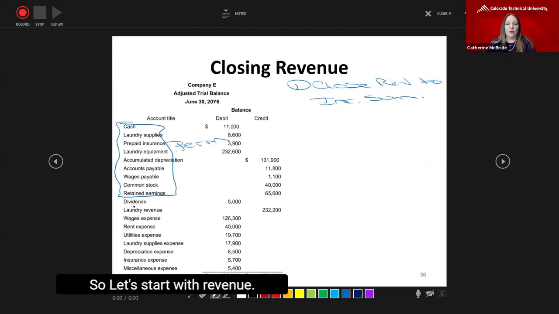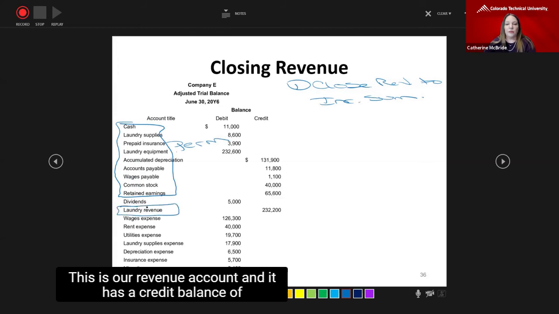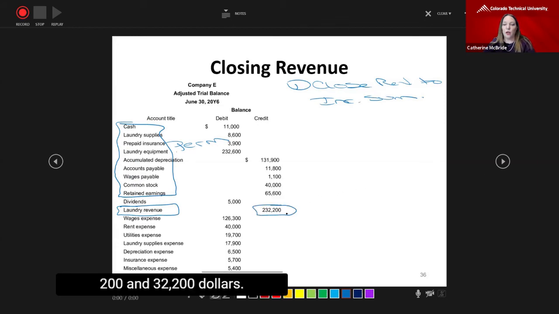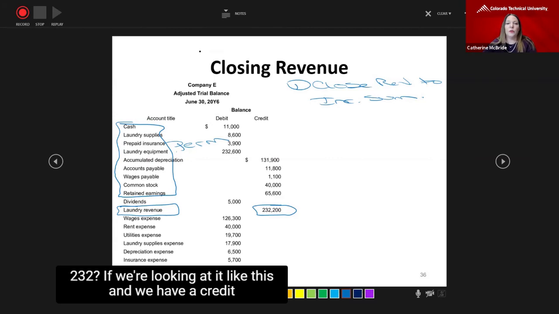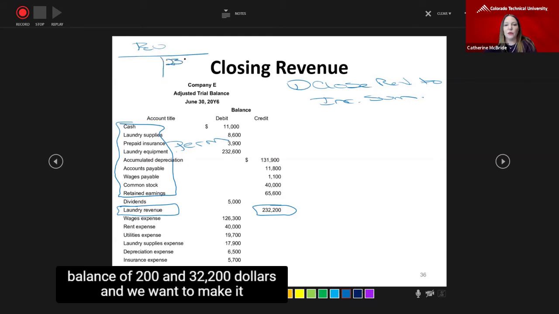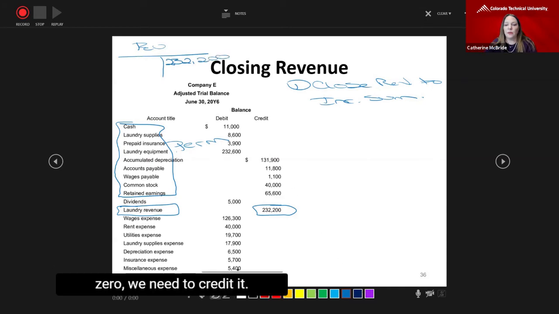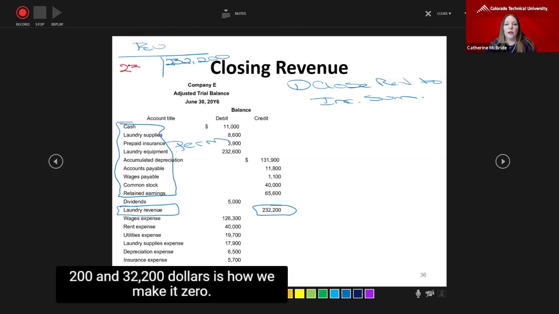So let's start with revenue. This is our revenue account, and it has a credit balance of $232,200. How do we make this zero? If we have a credit balance of $232,200 and we want to make it zero, we need to debit it $232,200.